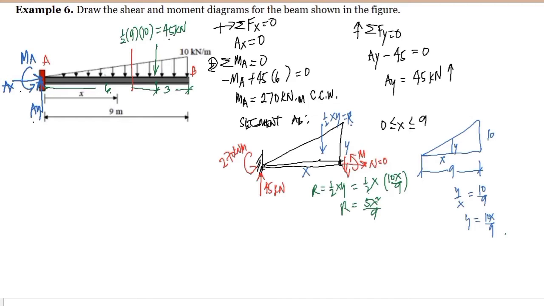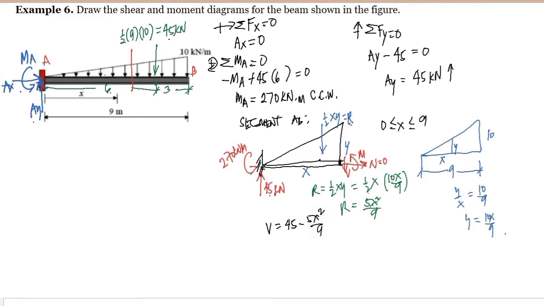And kung magkaroon man siya ng value, ay hindi naman siya makaka-apekto sa ating shear and moment diagram. Okay, so we have the shear is equal to the vertical loads. So we have here 45 kN upward minus the resultant of the load, that's 5x squared over 9.